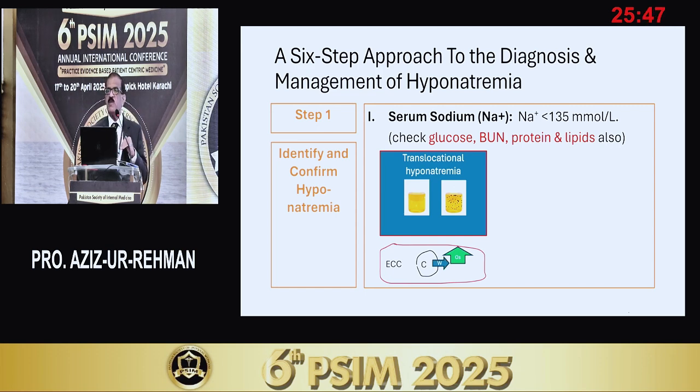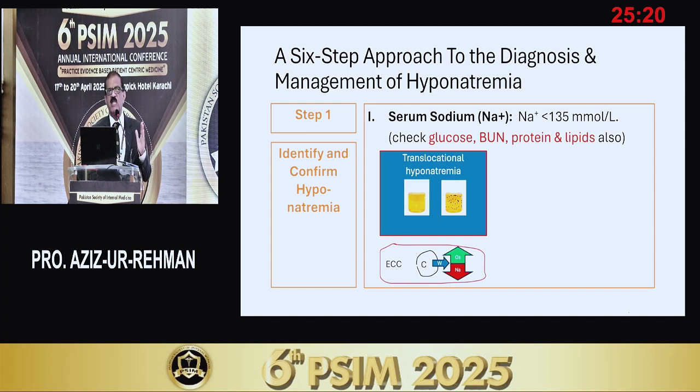Sodium can't move freely because sodium is controlled by the sodium-potassium pump, whereas water can go across the membrane, and intracellular fluid comes out, and as a result, serum sodium drops. So this is, truly speaking, hyponatremia, but the actual total sodium content in the body is okay. So this we have to rule out.